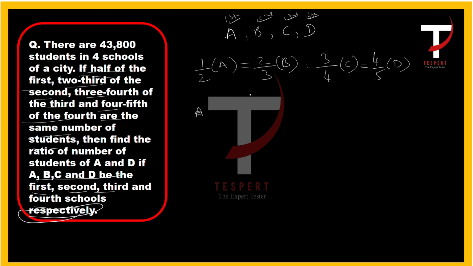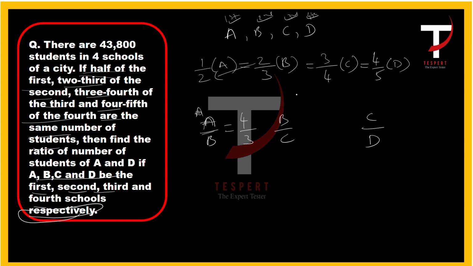To find out the values of A by B, B by C, and C by D, how can we calculate these values? Just cross multiply. So A by B is equal to 3 by 4 by 3. 2 2s are 4, 3 1s are 3.